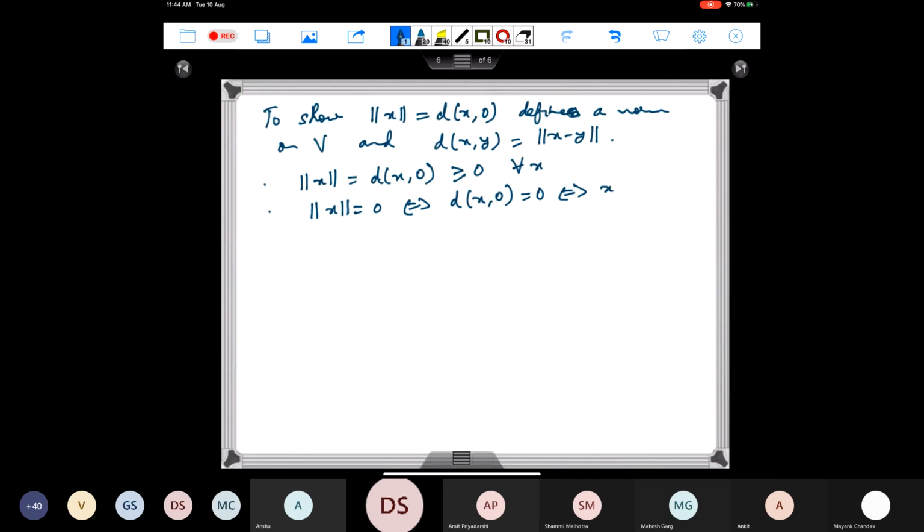So this is if and only if x is equal to 0. So the first property of norm is satisfied. What about the second property? Norm of lambda x, this by definition is distance between lambda x and 0, right?